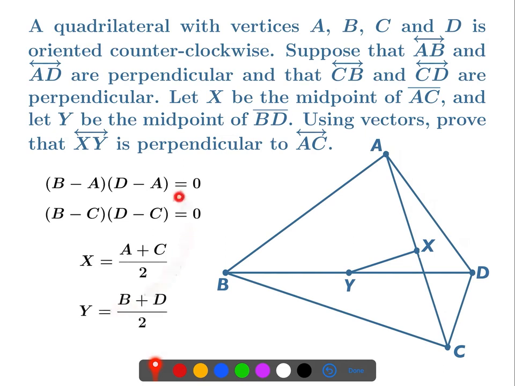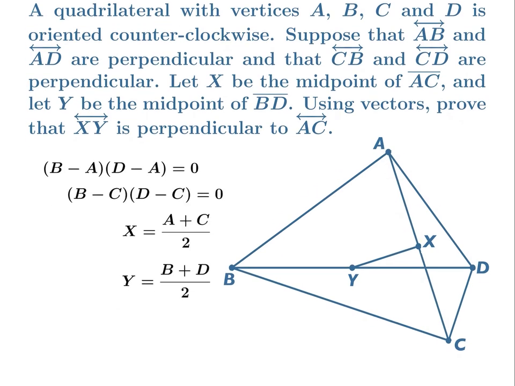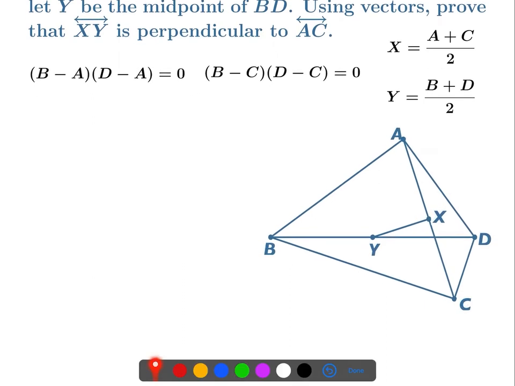So this summarizes the given information, and we want to somehow use that to show that these two lines are perpendicular, which is another way of saying we want to show that the dot product of two vectors here is 0. So let's go ahead and see how we can do that. I'm going to make some room here. And we still are trying to show that these are perpendicular here.